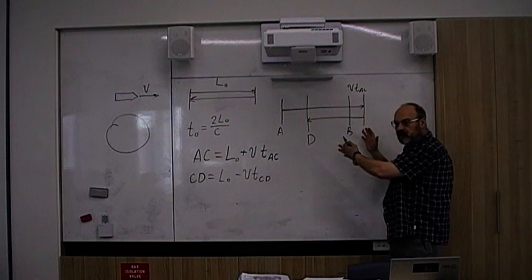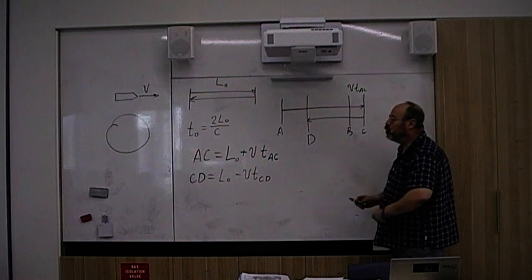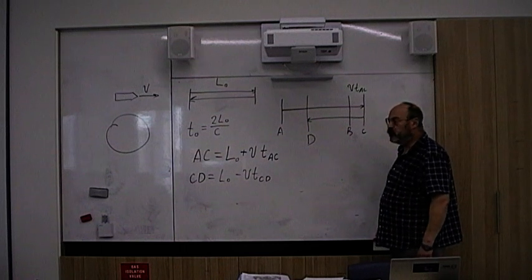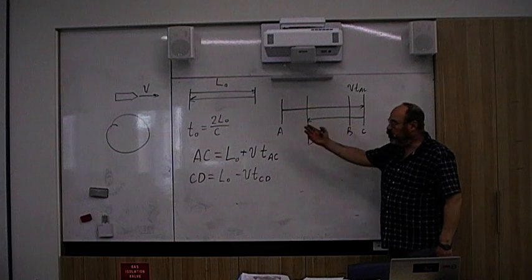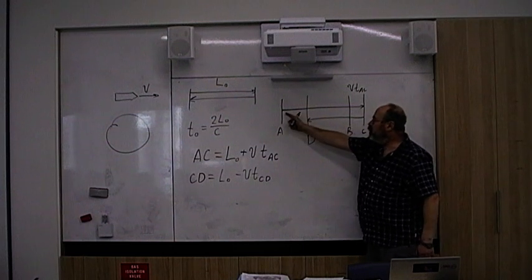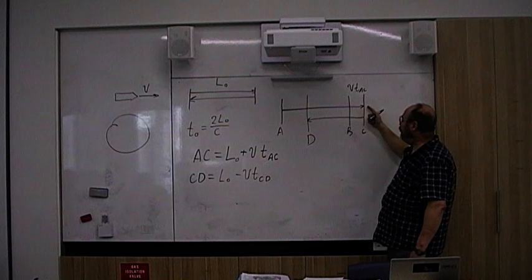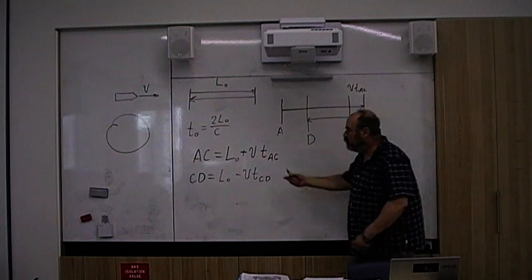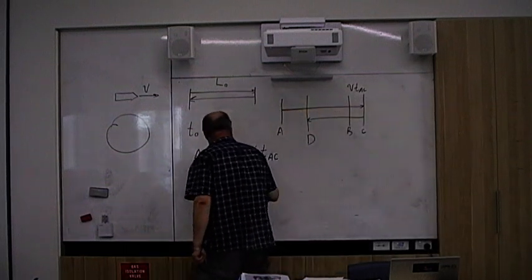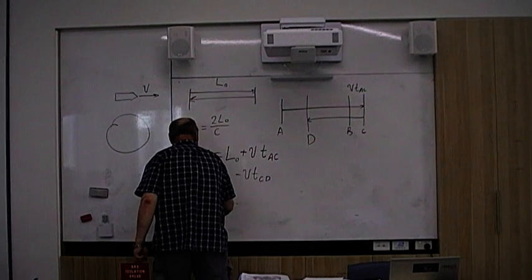Make sense? Now, what will be the total time from the point of view of the person on Earth, the total time to get from A and then to D? We just need to add, let's rearrange those formulas, TAC.